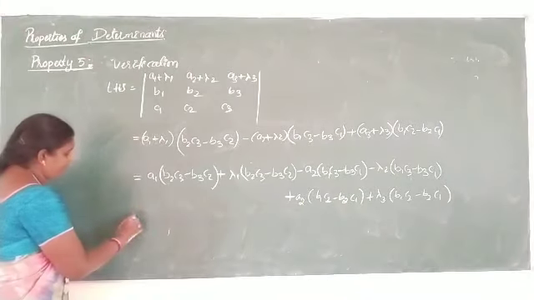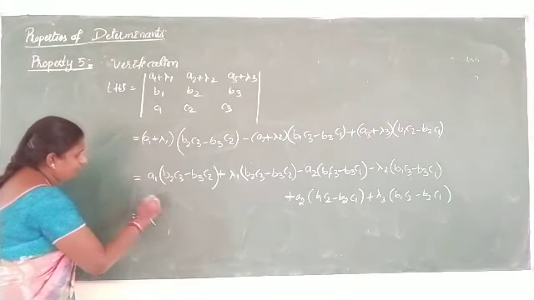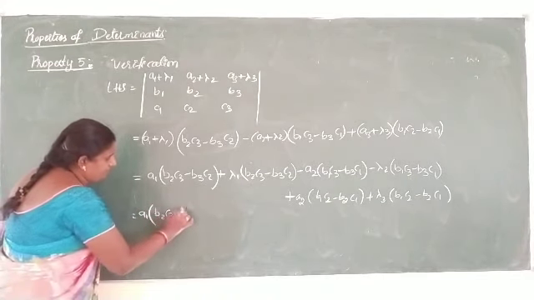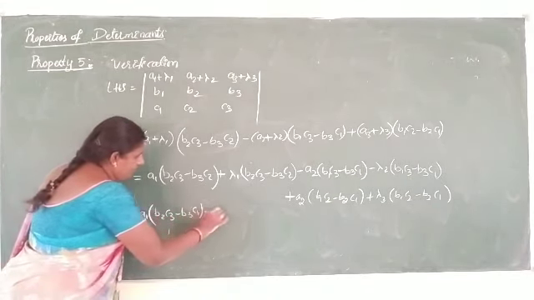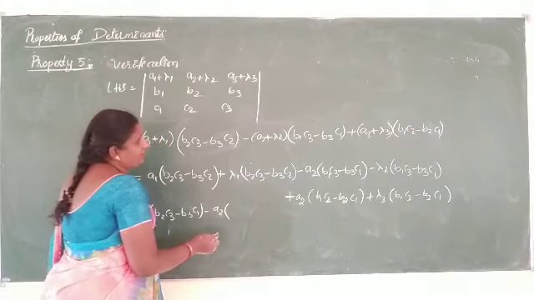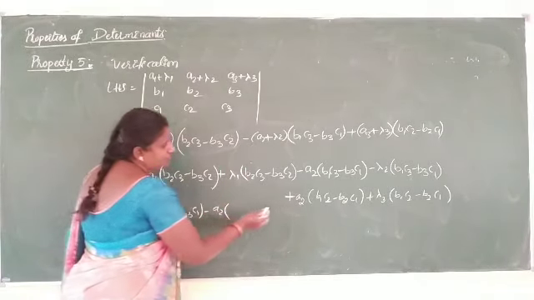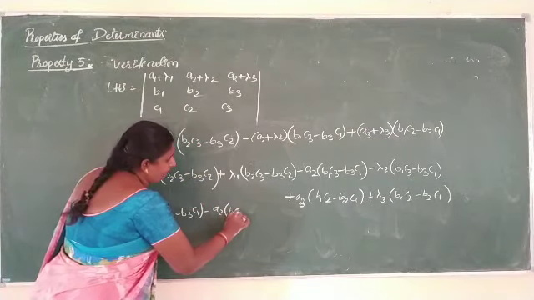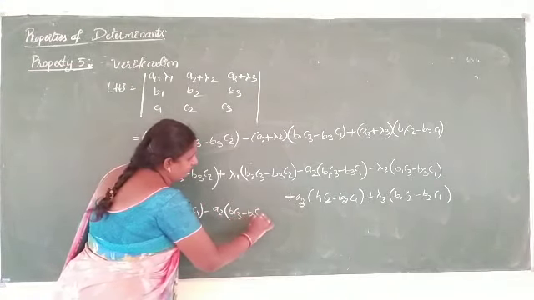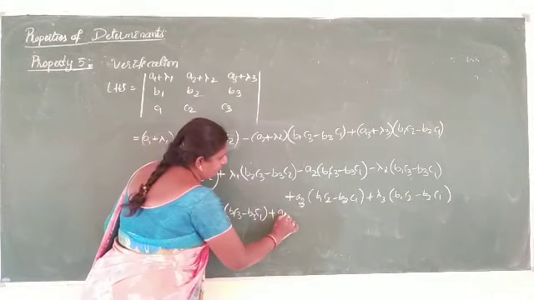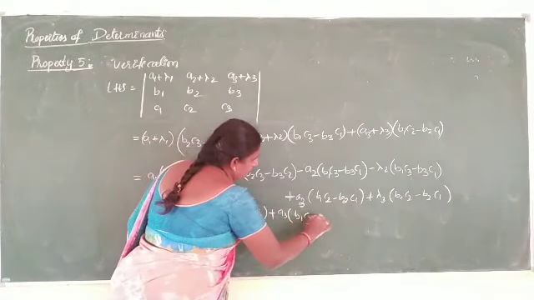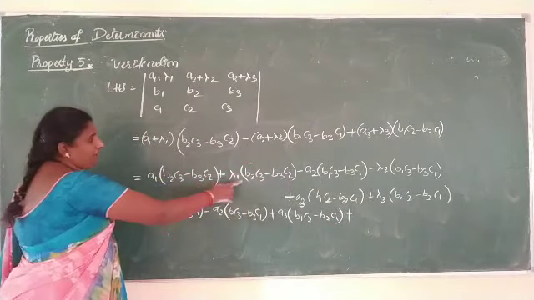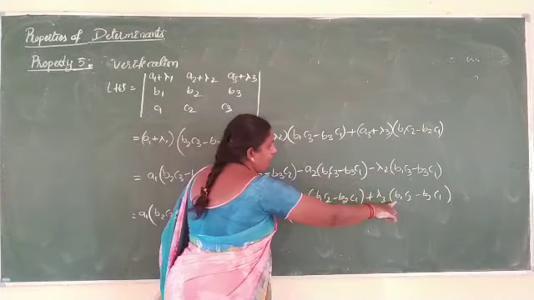Then what we can see there? A1 into B2 C3 minus B3 C2, minus A2 into B1 C3 minus B3 C1, plus A3 into B1 C2 minus B2 C1, plus, later write down lambda here lambda 1, here lambda 2, here lambda 3.